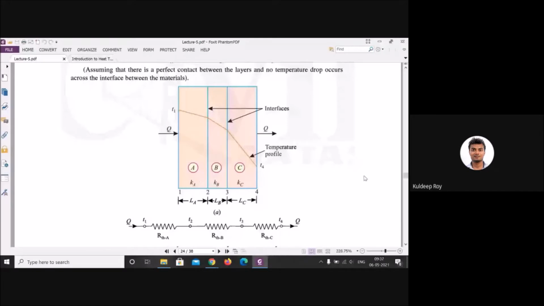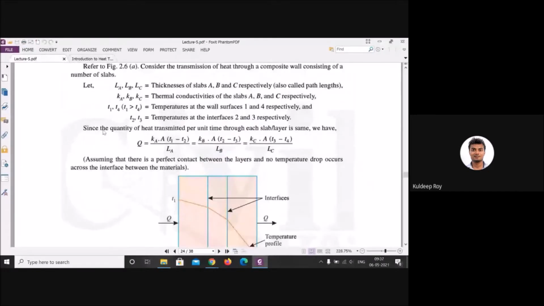Then how will you approach it? First you have to write, since the quantity of heat transmission per unit time through each slab is the same, you are assuming that Q will be the same, because Q depends on the thermal conductivity, the area, and the temperature difference from here to here or here to here.